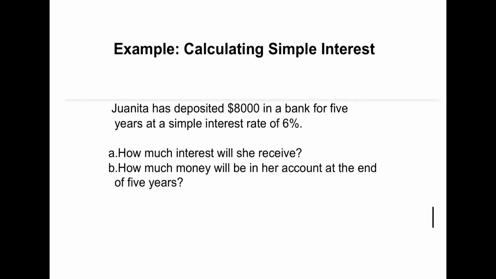So, simply looking at a simple interest calculation: Juanita deposited $8,000 in a bank for 5 years at a simple interest rate of 6%. How much money will she receive? Okay, well, let's look at our formula there. I equals PRT.